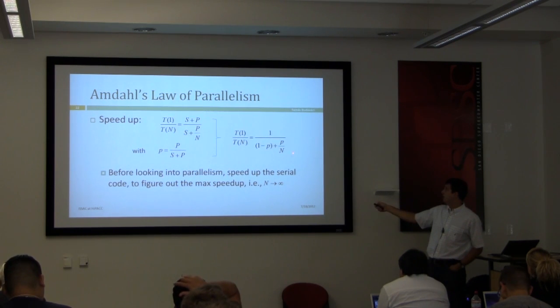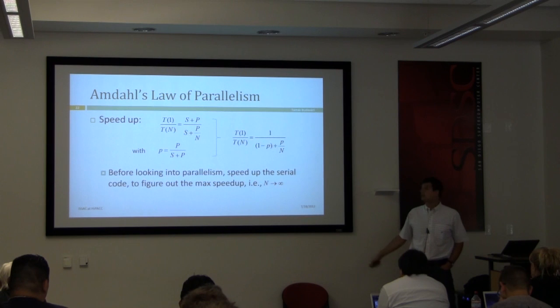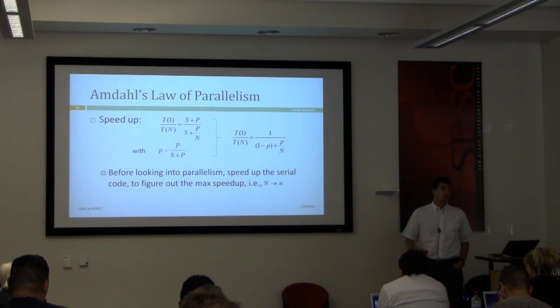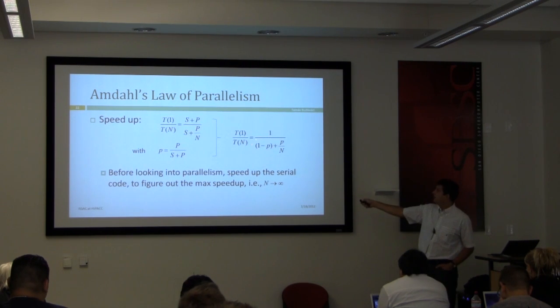That tells you what your possible gain is. If your N goes to infinity, this term disappears. So if your code had 20% of sequential code that you cannot parallelize, then you have here 0.8, the 1 minus p, and you see that that's the best you can do.